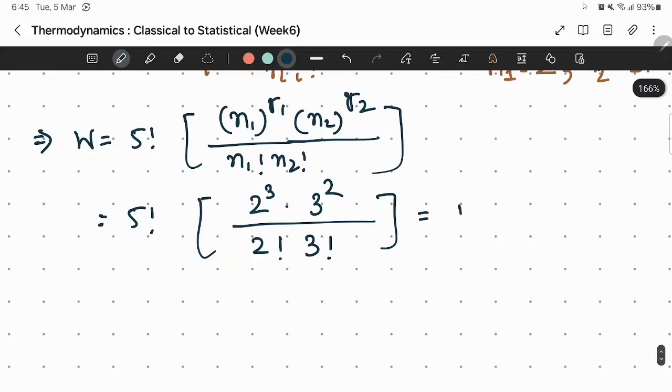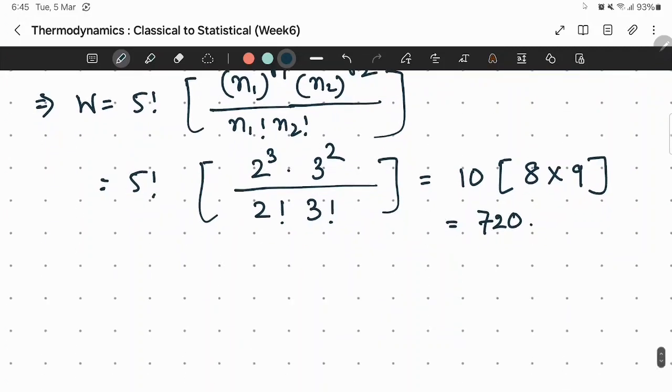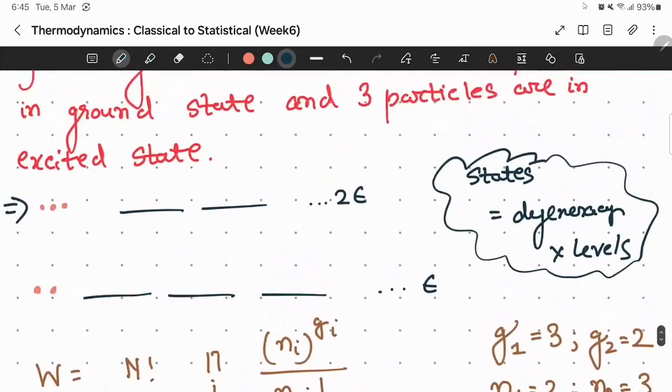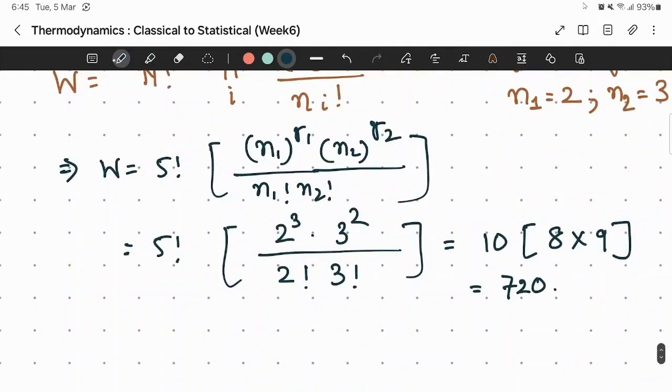So essentially it is 10 into 3 to the power 2 into 2 to the power 3. 2 to the power 3 is 8, 9, so it is 720. So this is the number of microstates.